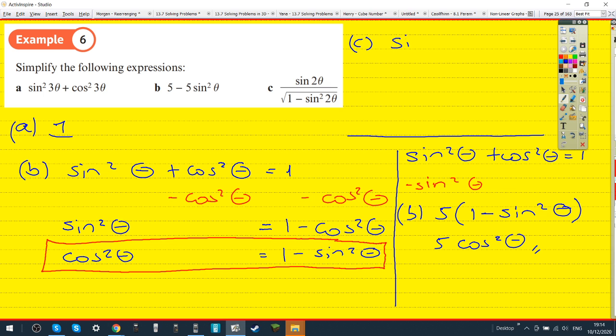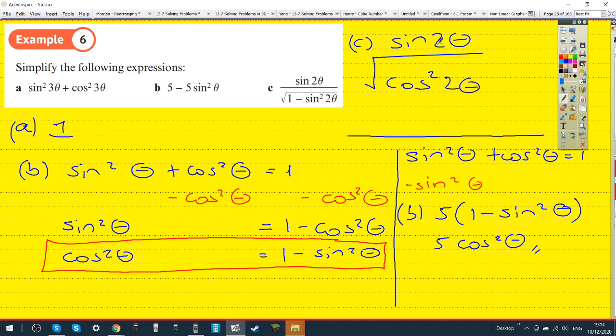So could you factorize the bottom? No. Change it. At the moment it's 1 minus sine squared 2 theta. Could it be cos squared theta? Well done. Sorry, 2 theta. Yeah. So cos squared 2 theta.